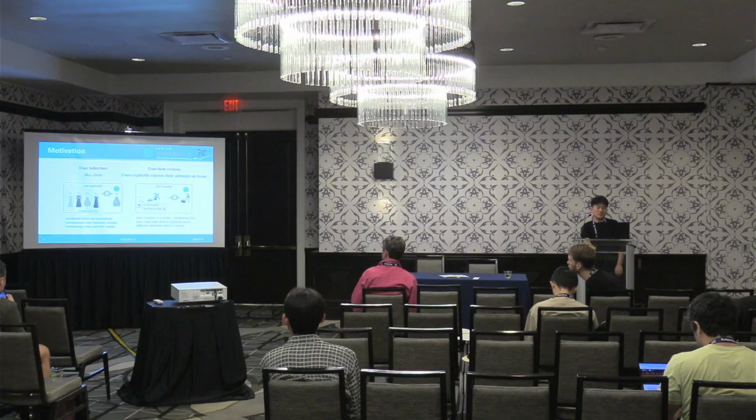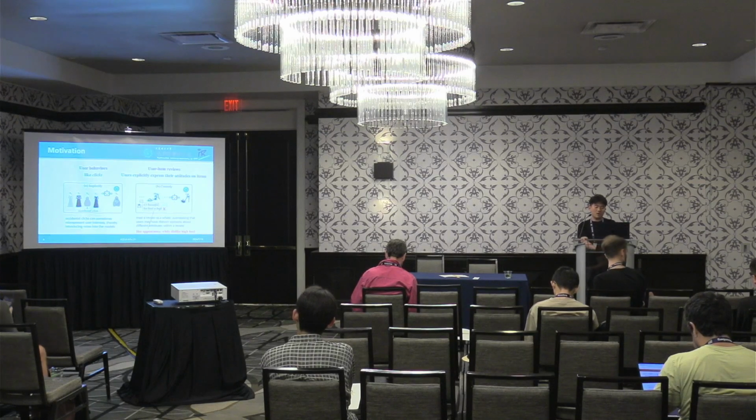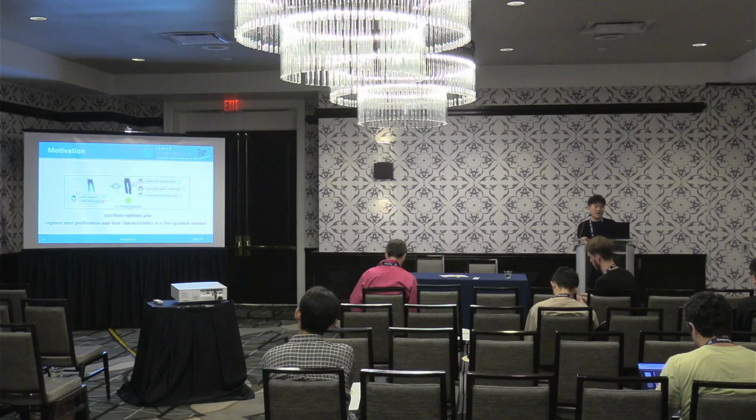That is, they treat a review as a whole, overlooking that users may have distinct opinions about different attributes within a review. For example, in the review, the user likes the item's appearance, however, they dislike the high heel. So we found that the attribute opinion pair in the reviews can capture user preferences and item characteristics in a fine-grained manner.